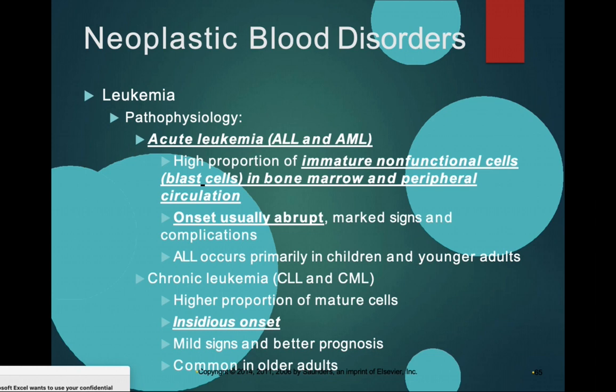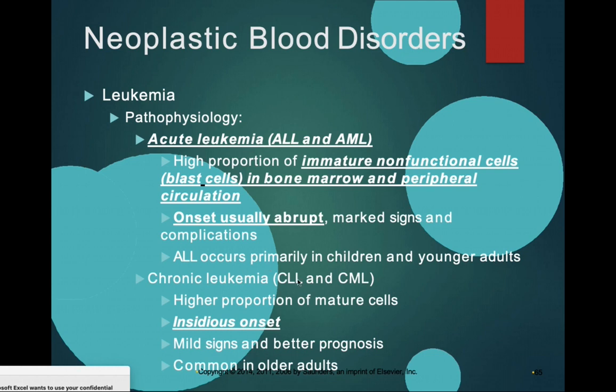Here, the onset is usually abrupt. It's not insidious. That's the key. If you look at the chronic leukemia, that one is an insidious onset. So with acute, the onset is usually abrupt. There are marked signs and complications. The ALL occurs primarily in children and young adults.